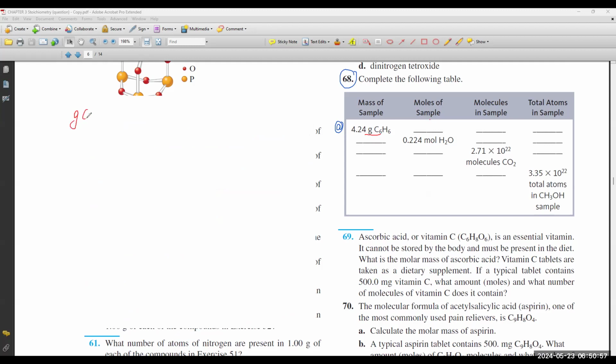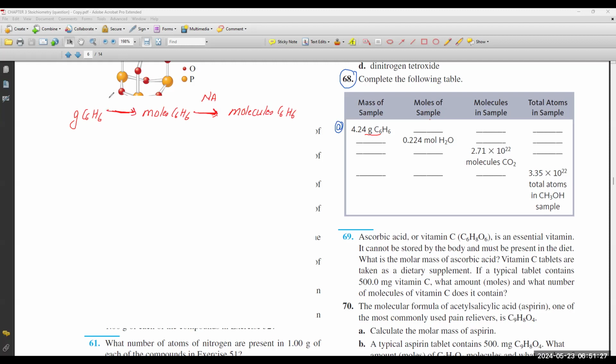So grams of C6H6, you will go, yes, very good. You will go to moles of C6H6. Then you will go to molecules of C6H6, by using Avogadro's number.